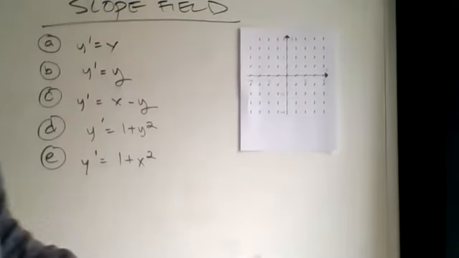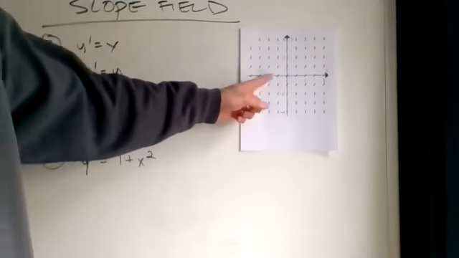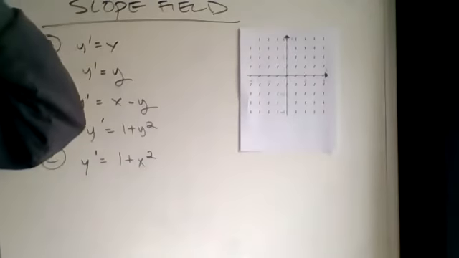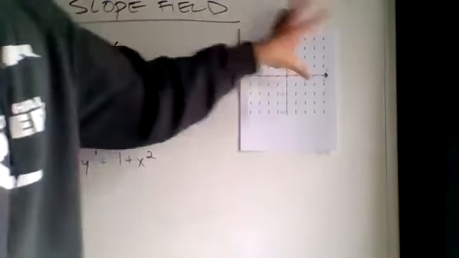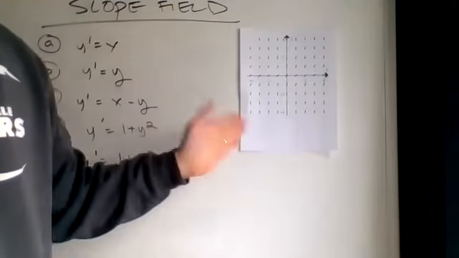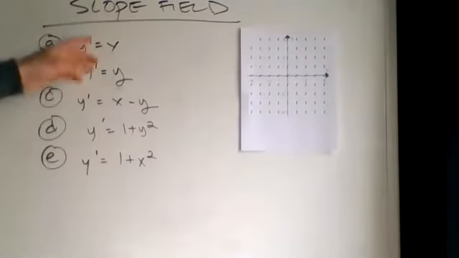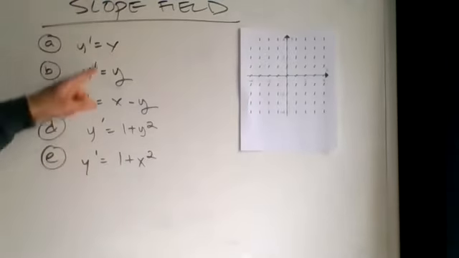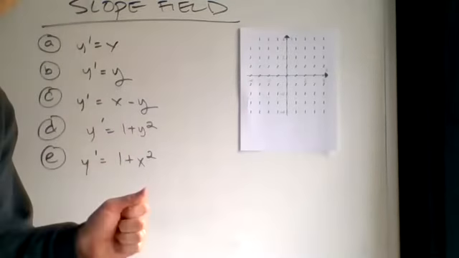Something I notice about my slope field is that all these whiskers are positive in slope. No matter where they are, every single whisker here has a positive slope. And y prime is the slope on the left-hand side, so these expressions should be positive all the time.